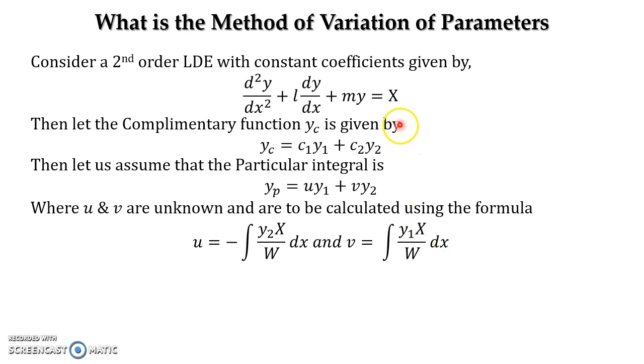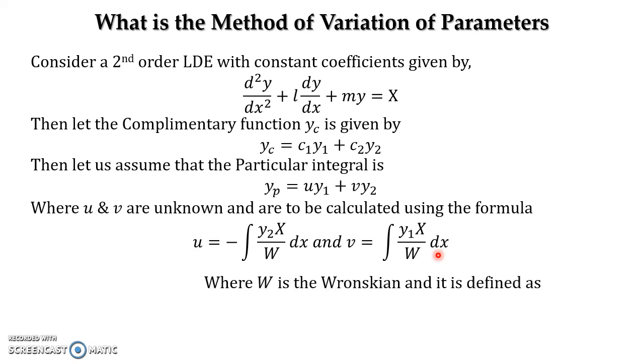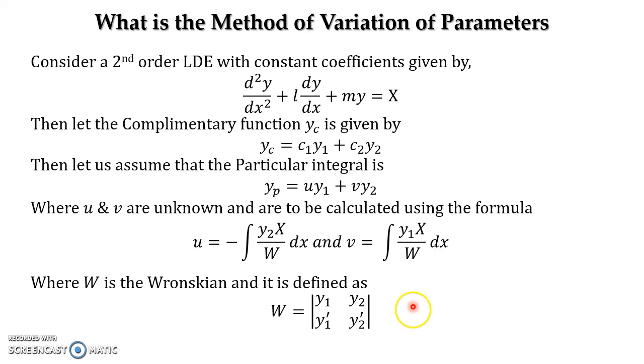Now capital X is this function which is to the RHS of the given LD, and what is w? The capital W is nothing but what is called the Wronskian, and it is given as this. So W is equal to the determinant of the two functions which we have calculated in yc, that is y1, y2, with their respective derivatives.